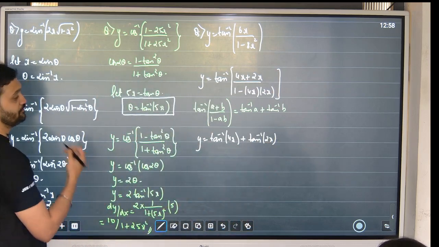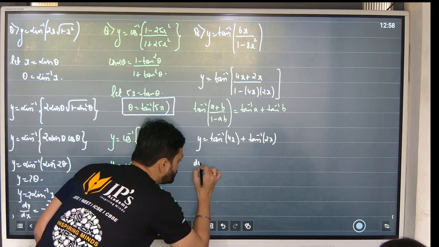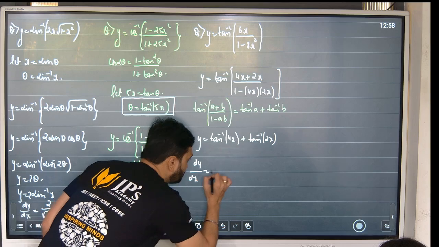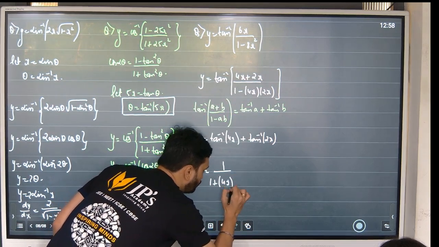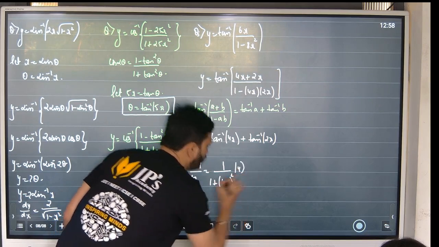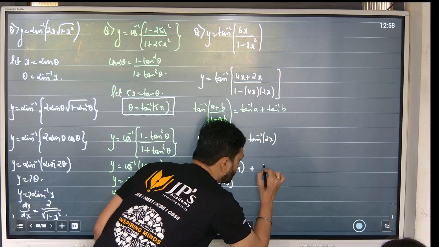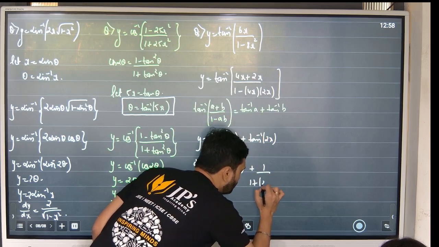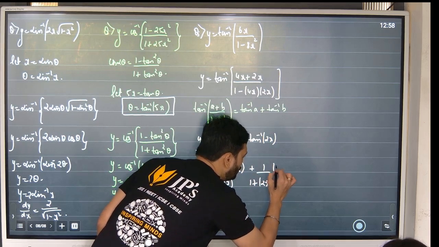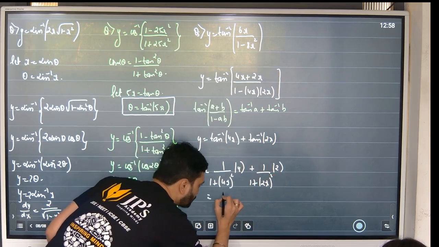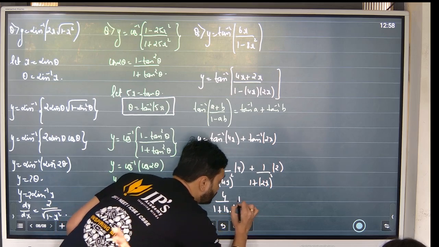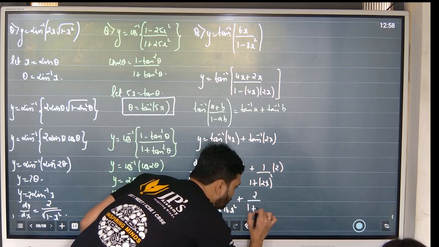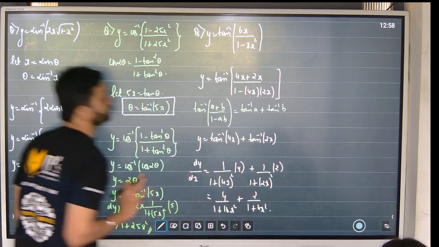Now, guys, let's differentiate this. So, dy by dx will become 1 upon 1 plus 4x the whole square into 4 plus 1 upon 1 plus 2x the whole square into 2. So what is the final answer? 4 upon 1 plus 16x square plus 2 upon 1 plus 4x square.